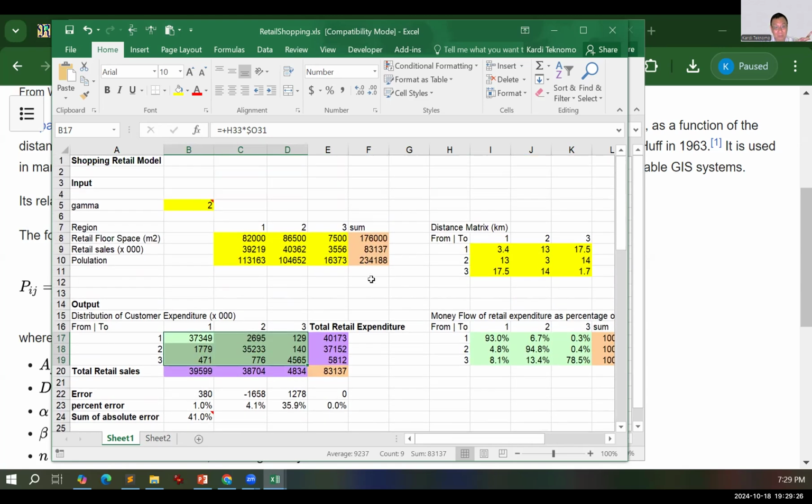predict not just gravity in terms of the trips. Okay? We can also predict in terms of spending. So it's possible to deviate away from the transportation and use it for something else. I hope you get the idea.